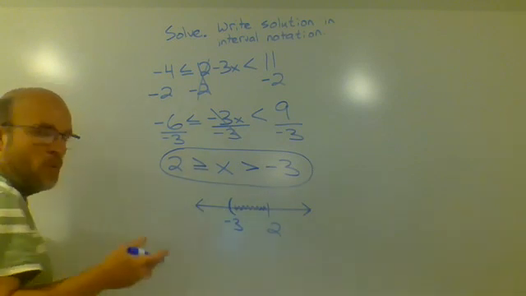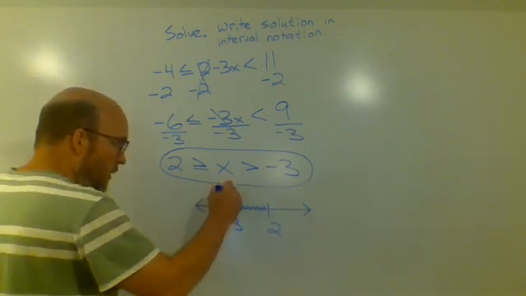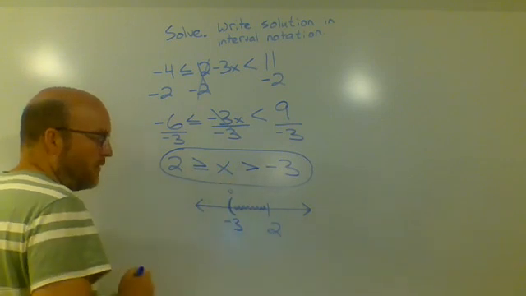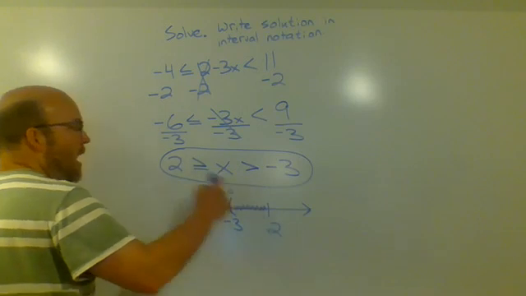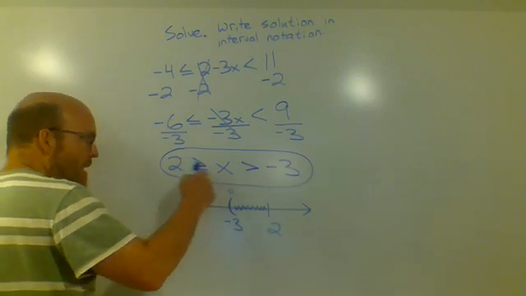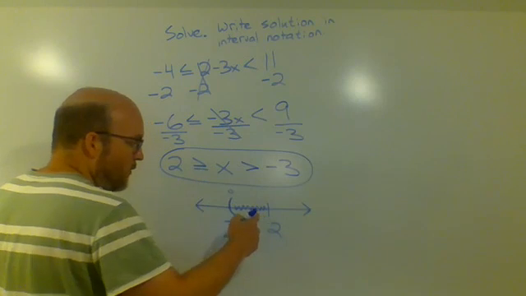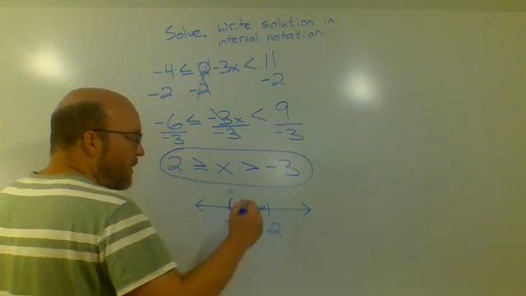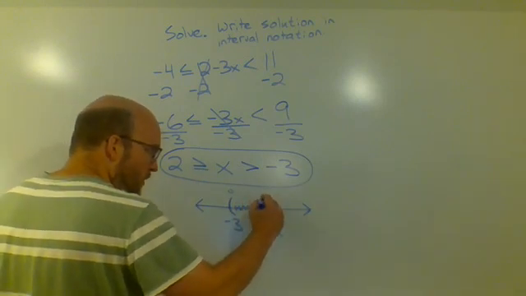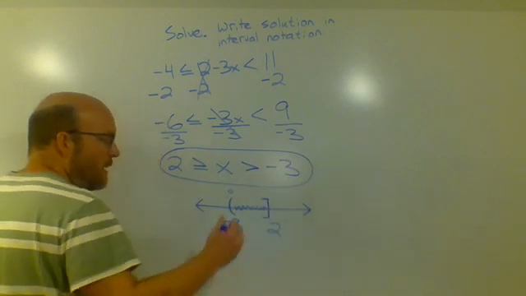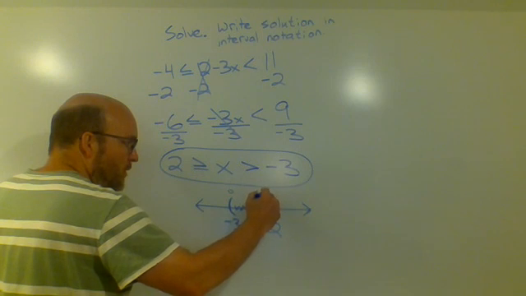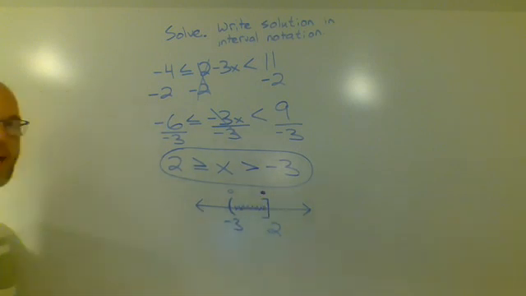But if you're ever doing this by hand elsewhere, you might also see an open circle there instead of a parenthesis. And then if I'm looking at the 2, it's the exact opposite. You can see that x is allowed to be equal to 2, so we are including the 2. The symbol that our textbook uses to show that it's included is a bracket. And again, other textbooks use different notation. They'll sometimes use the filled-in dot.